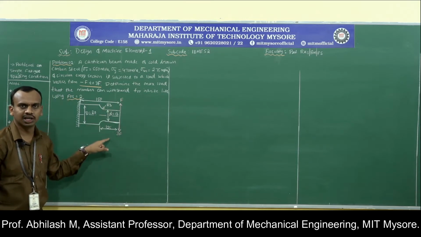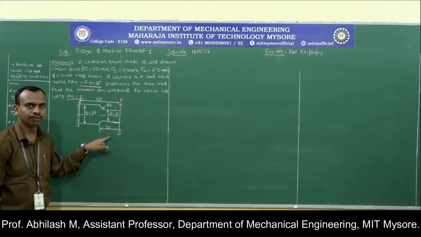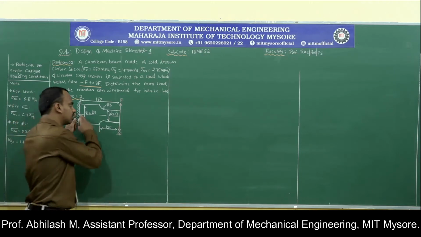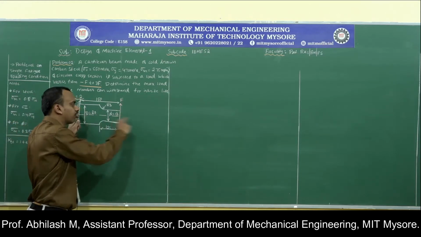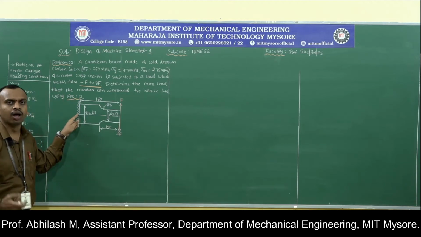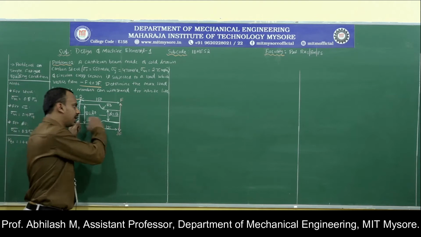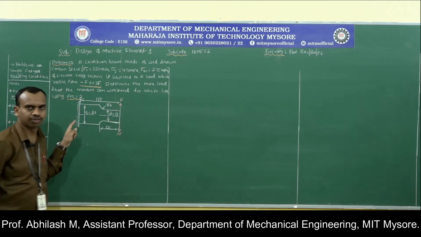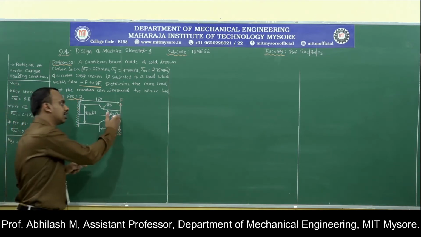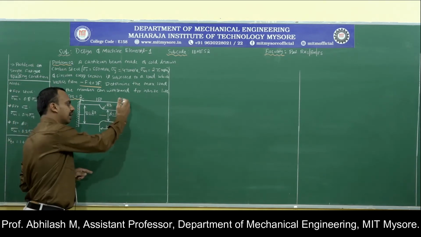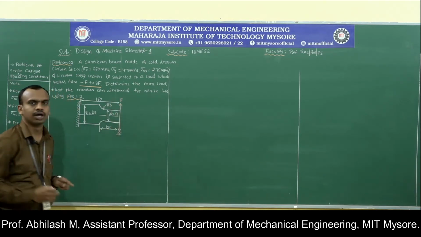What type of load is this? Is this an axial load? No, it is not an axial load because the load is not acting along the axis of the member. The load is acting perpendicular to the axis of the member, so it is a transverse load, varying from minus F to plus 3F.